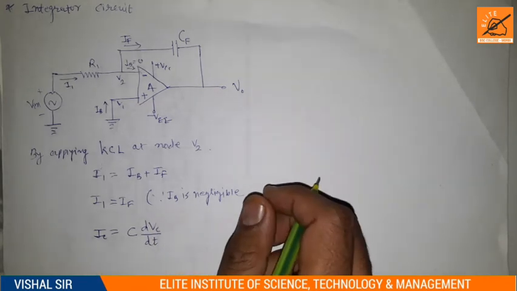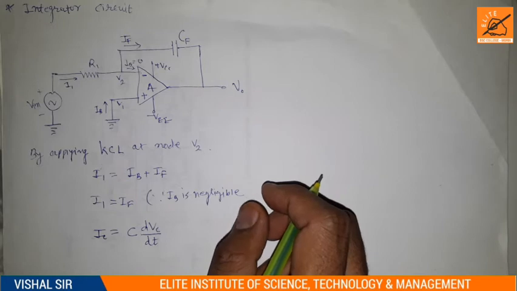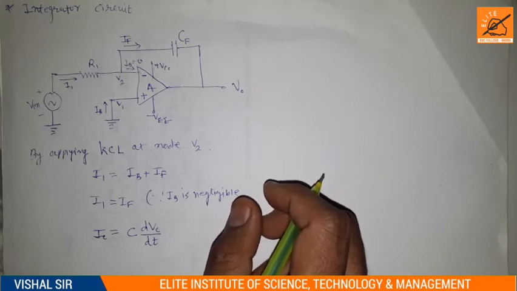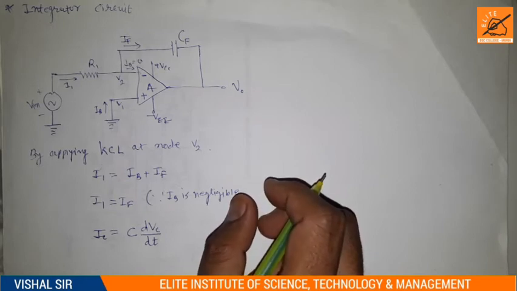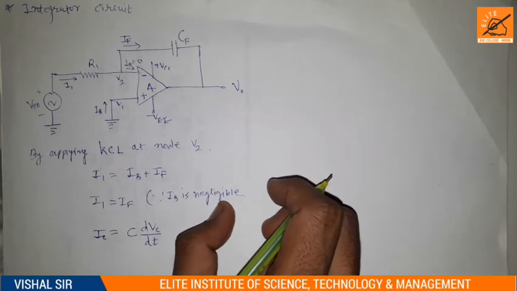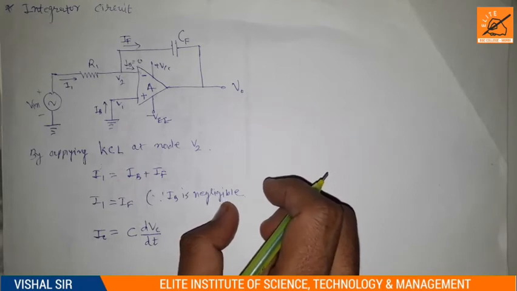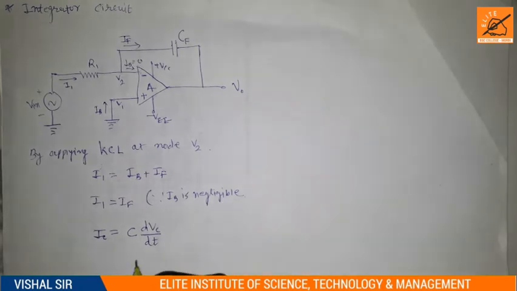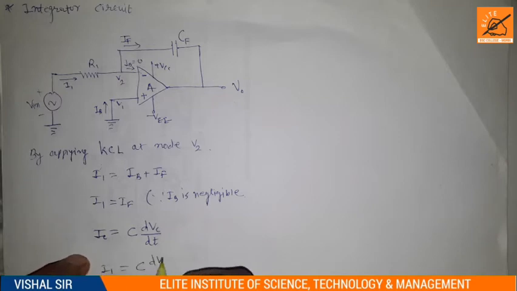Now in case of the integrator, IF is equal to ICF. So we can modify this equation as I1 is equal to C into dVc by dt. In place of IC, we can write I1.